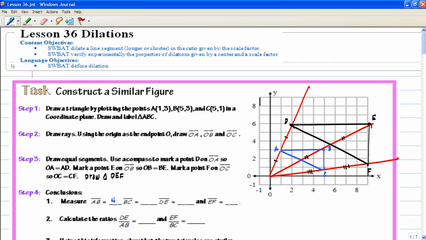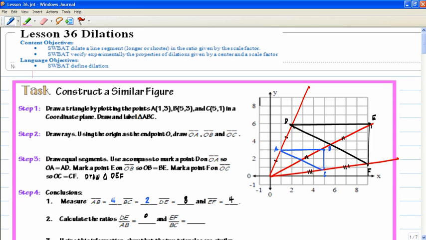Measure AB: 4. Measure BC: 2. Measure DE: 8. And EF: 4. Calculate the ratios, DE to AB and EF to BC.